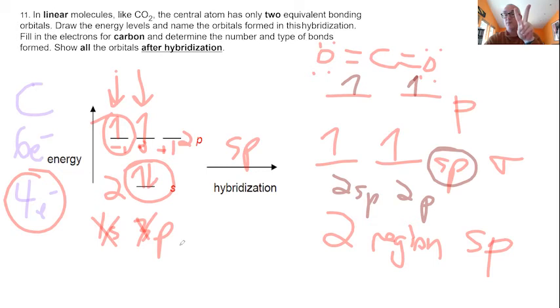Now, in a double bond, the first bond is always sigma or pi? Sigma. The first one's always sigma, always. That's because, going way back, sigma bonds are overlapping orbitals directly between the 2 atoms.